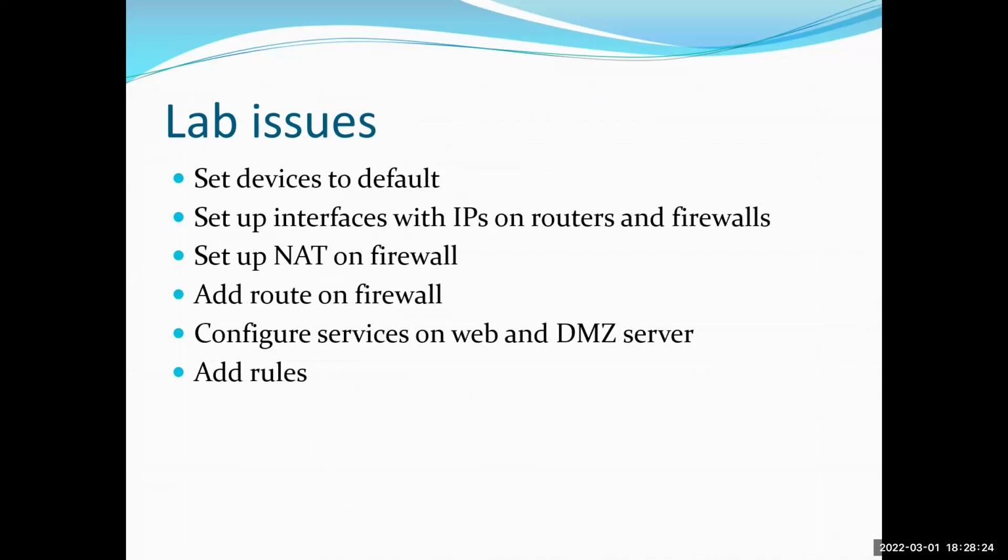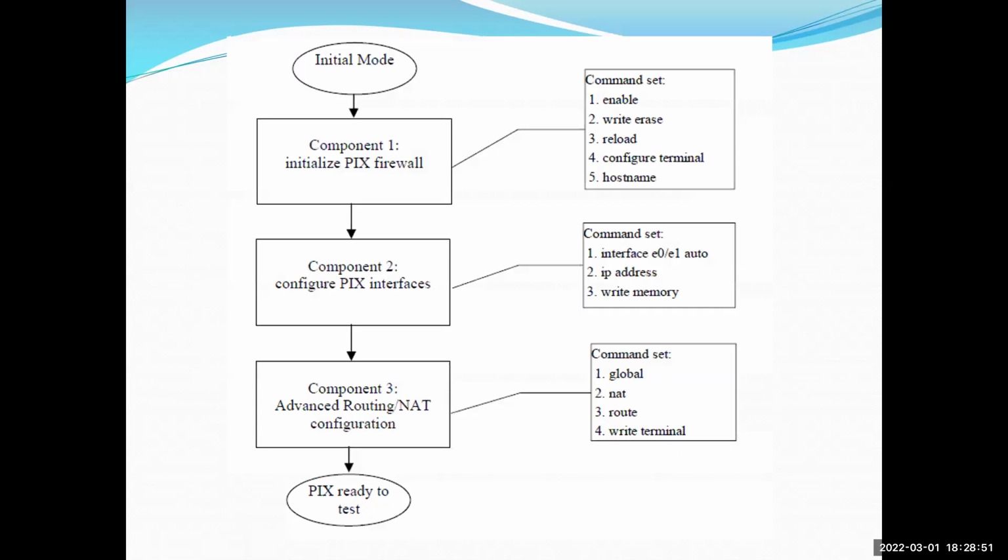I provided the commands for most of you, except those that have the 8.4 version of the firmware. So set up NAT and the routes. We've talked about the routes, and I will talk about that a little more today. Then configure services on the web and DNS server, and once the network works, you start adding the rules and going through the cases. So this is really the lab.